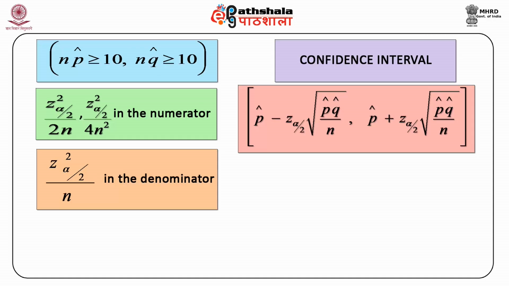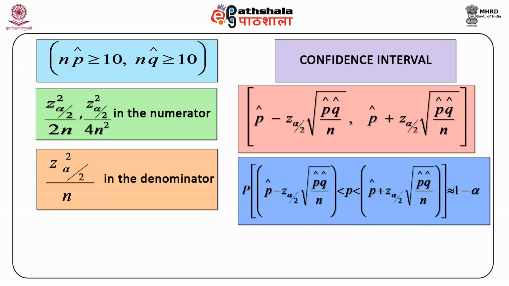The two-sided confidence interval for large samples is therefore p hat minus z alpha by 2 times square root of p hat q hat upon n as a lower limit and p hat plus z alpha by 2 square root of p hat q hat upon n for the upper limit.